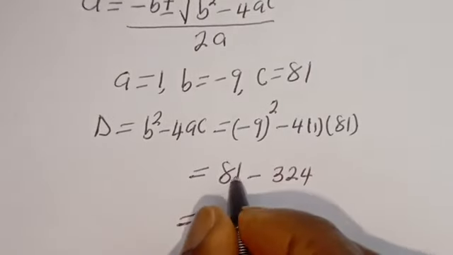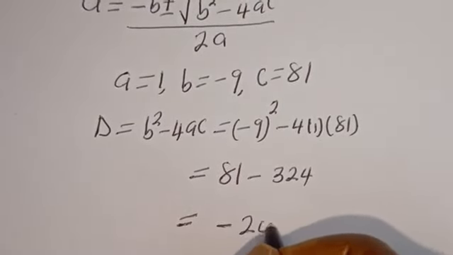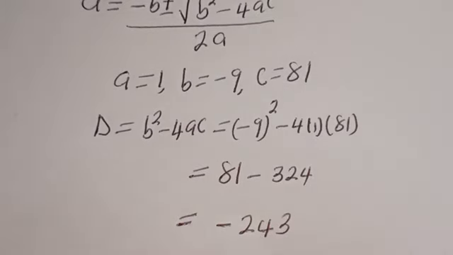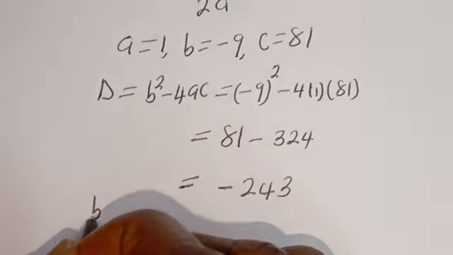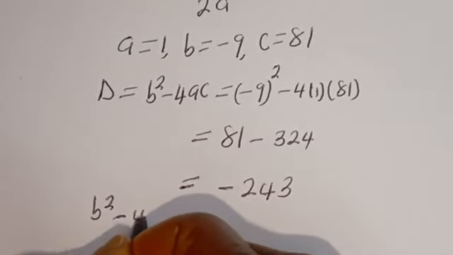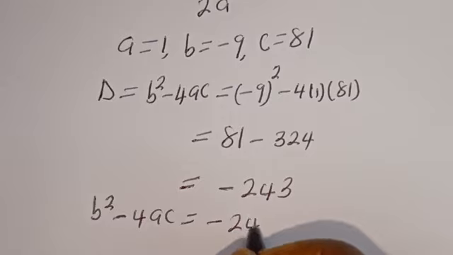And this is equal to 81 minus 324, that is minus 243. Therefore, b square minus 4ac is equal to minus 243.